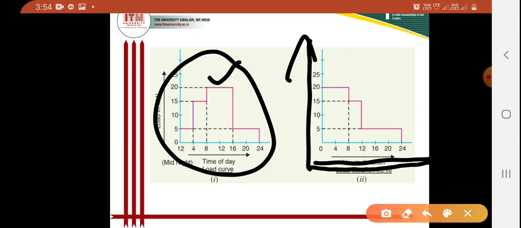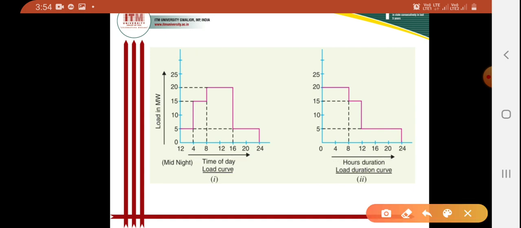The maximum demand is 20 megawatt and the duration is 8 hours. So for 8 hours the demand was 20 megawatt, and I have drawn this first.